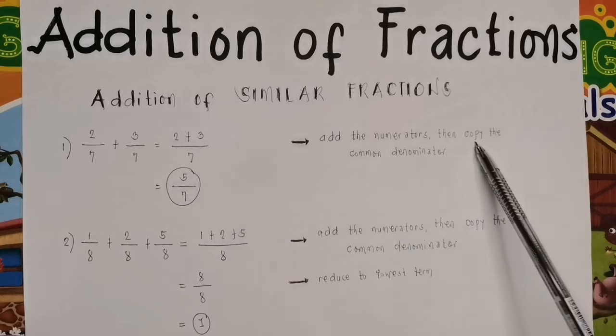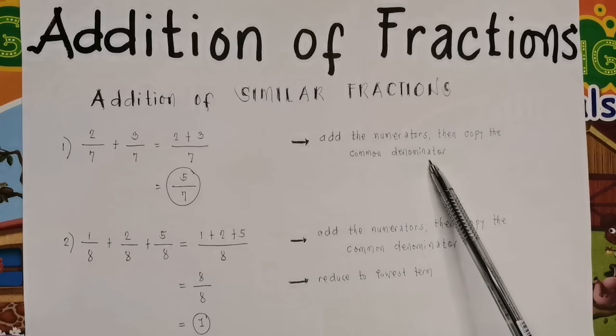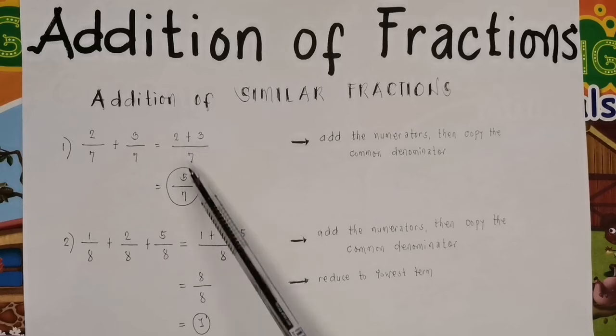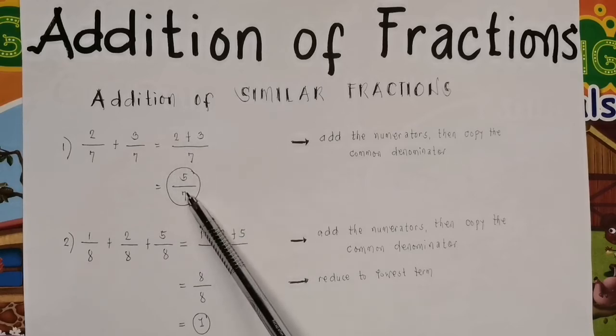Then copy the common denominator. The common denominator is 7. So 2 plus 3, that is 5, and then over 7. So 5/7 is already in the lowest term, so therefore, this is our answer.